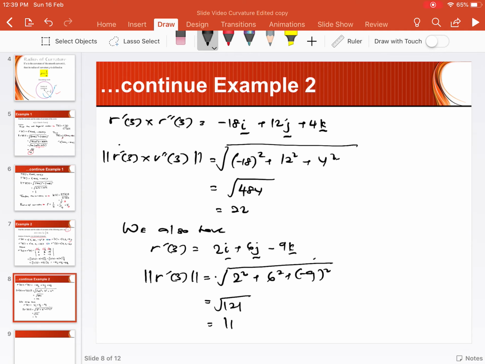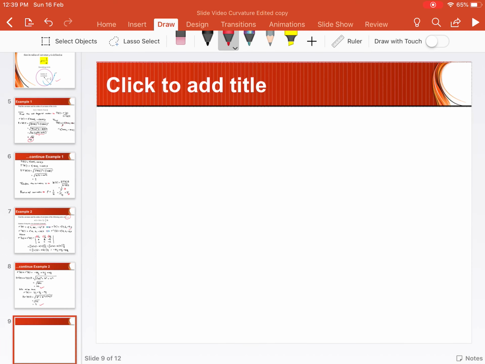Okay, now we can substitute these values into the formula.